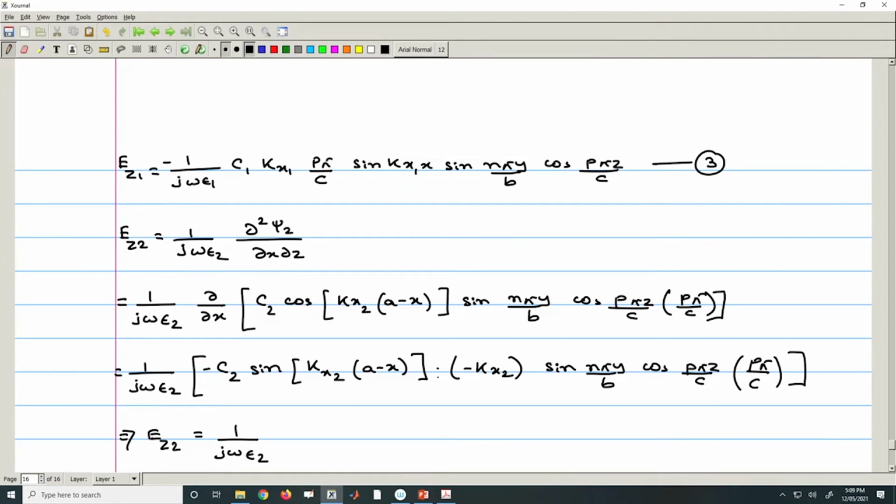So 1 upon jωε2, this will be C2, then kx2, then from that side we have pπ upon c, and then sine of kx2(a − x) sine of nπy upon b cos of pπz upon c. So this is Ez2. We will give this as equation number 4.